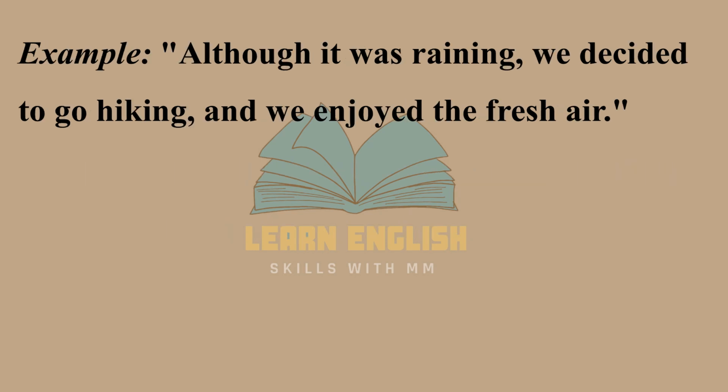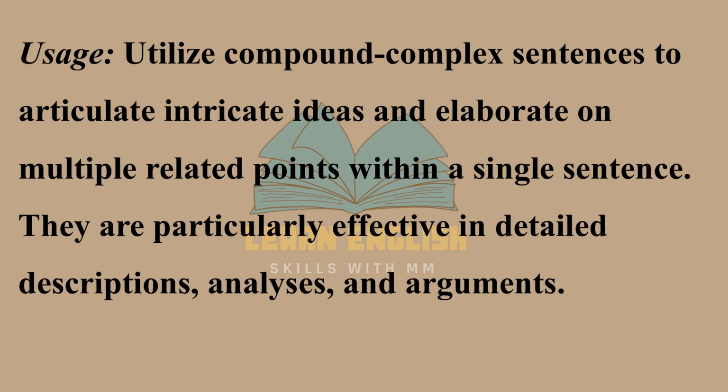Example: although it was raining, we decided to go hiking, and we enjoyed the fresh air. Usage: utilize compound complex sentences to articulate intricate ideas and elaborate on multiple related points within a single sentence. They are particularly effective in detailed descriptions, analyses, and arguments.